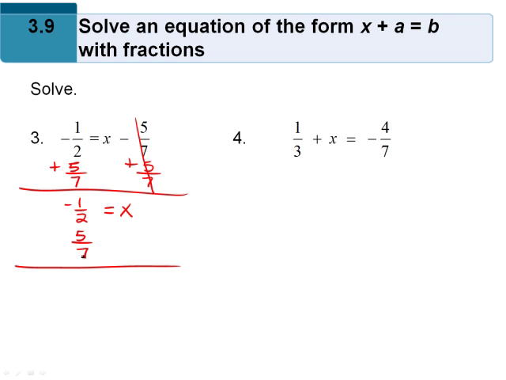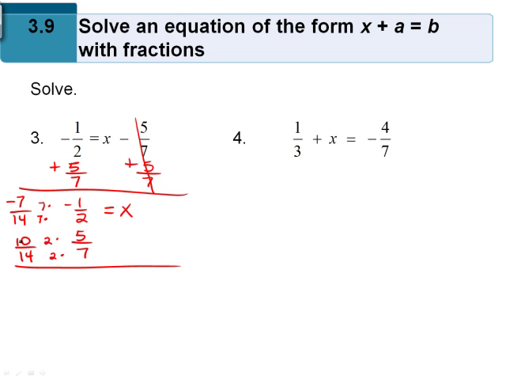For 2 and 7, the common denominator is 14. So you set that up, just like we did earlier in this chapter. 14 divided by 2 is 7, so we multiply 2 times 7, and negative 1 times 7 is negative 7. On the bottom, 14 divided by 7 is 2, so I multiply 5 times 2, which is 10.